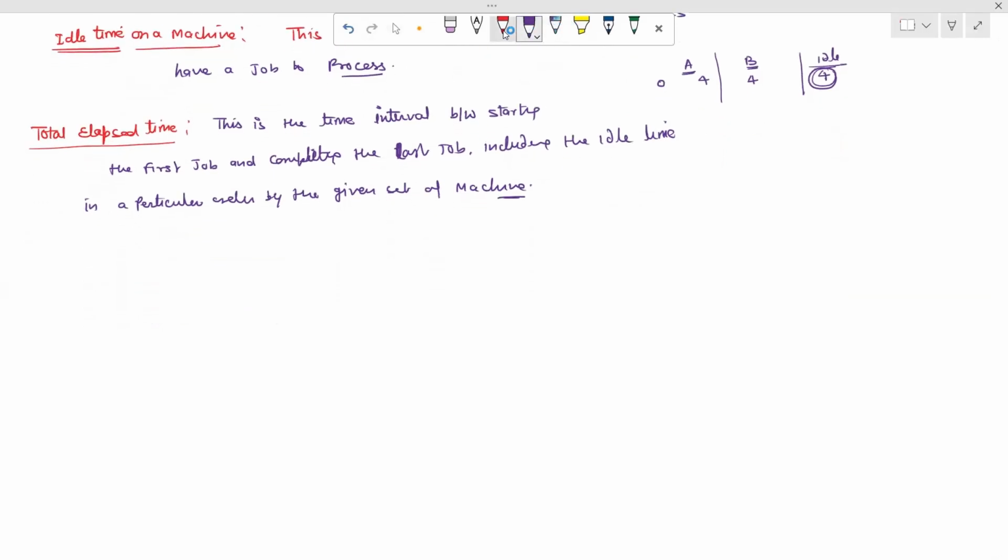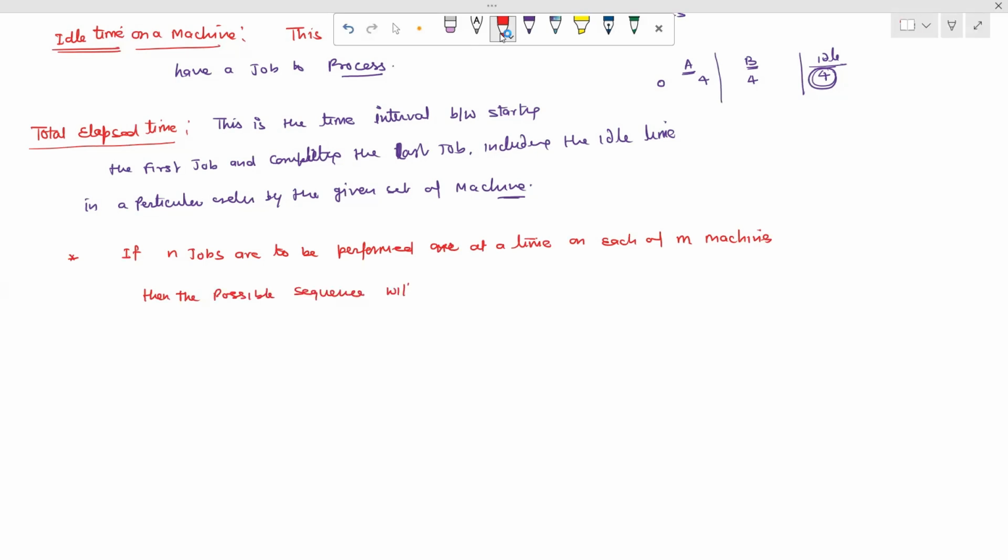Now we write down one result. If n jobs are to be performed one at a time on each of m machines, then the possible sequences will be (n factorial) raised to the power m.